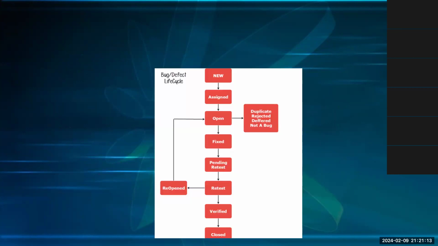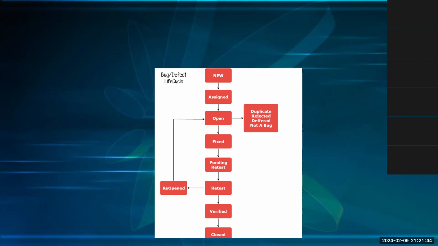So on the screen, we have this illustration. You have new, assigned, open, fixed, pending retest, retest, reopened, verified, closed, duplicate, rejected, deferred, and not a bug. All these processes are the life cycle.